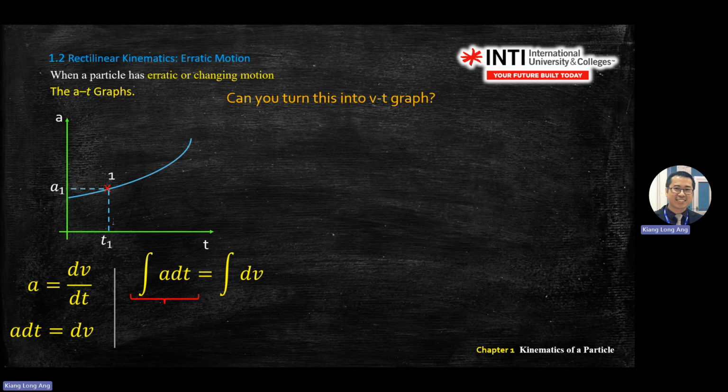Because the unit of acceleration is meter over second square, when you take acceleration multiplied by time, you cancel the unit, you get meter per second. You get velocity. So it's the area under the graph.